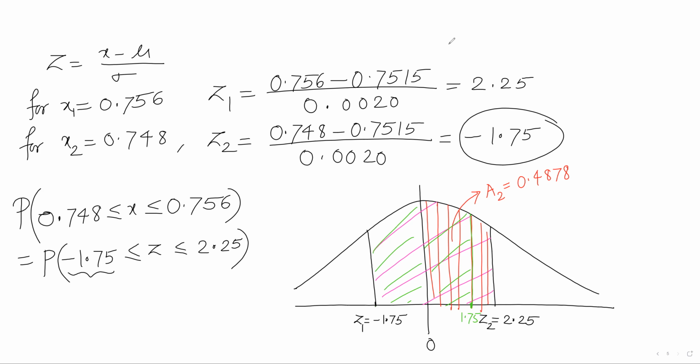Whatever area we have from 0 to 1.75, the same area we have from 0 to minus 1.75. That you have to check always.